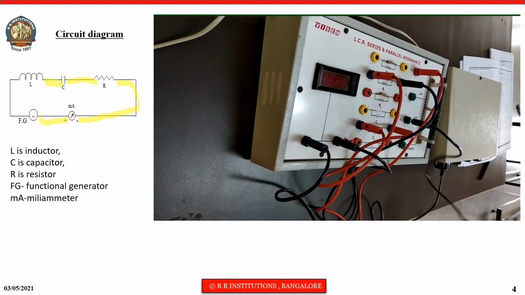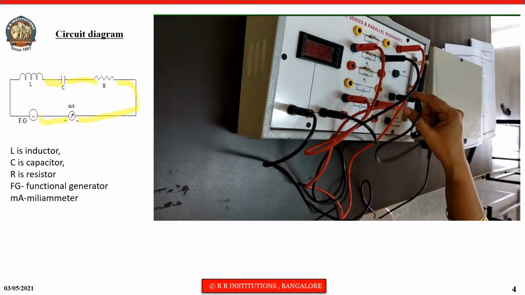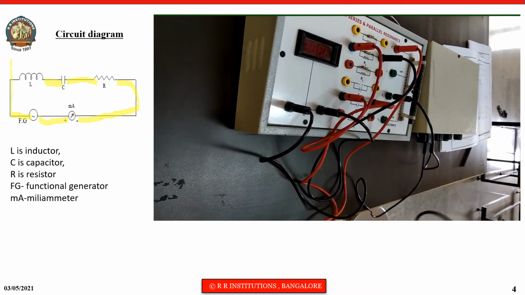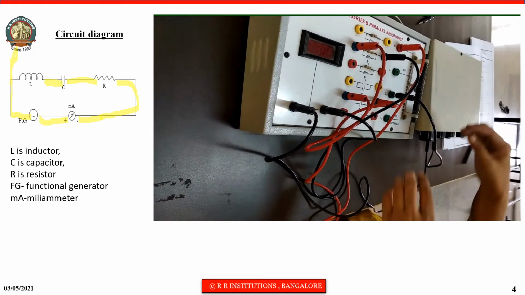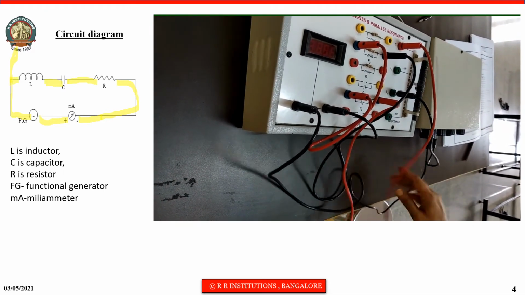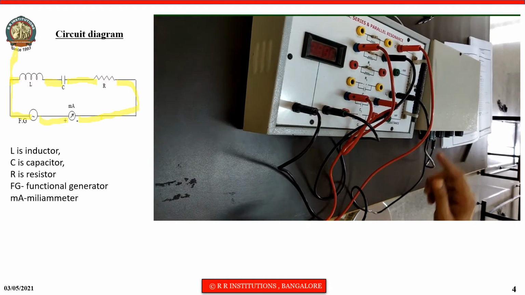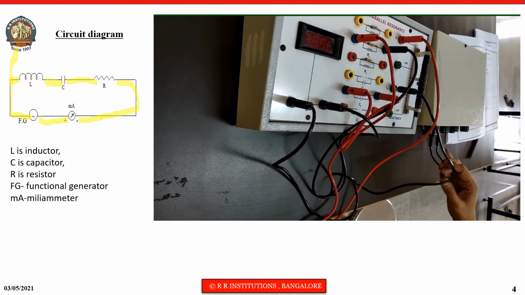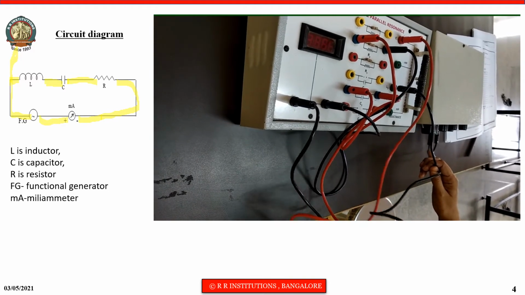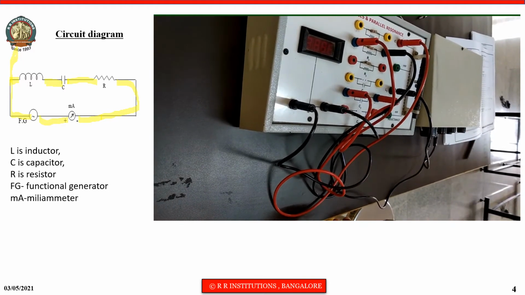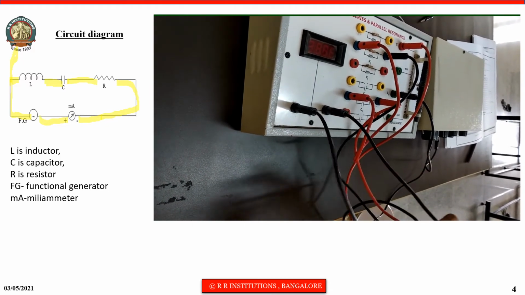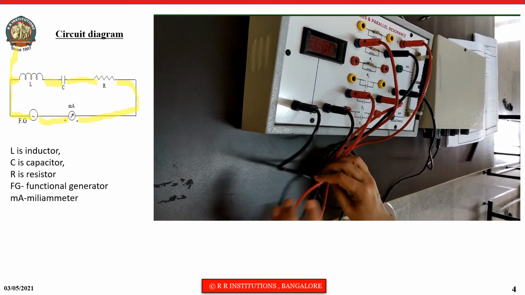The other end of the signal generator goes to the other end of the inductor. So this is the circuit of LCR series. We are feeding a signal from the AC source, and to measure the current we have a milliammeter in series.